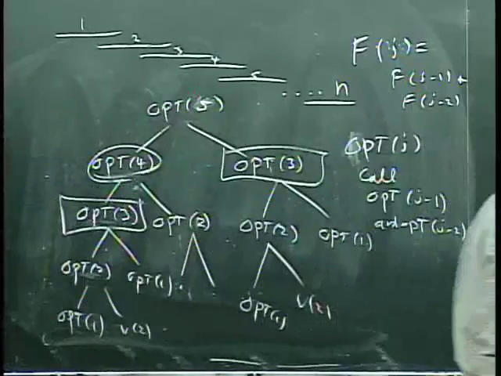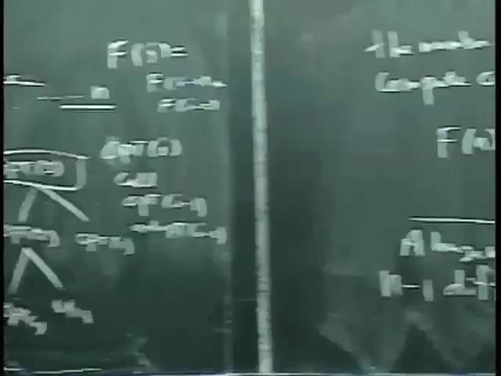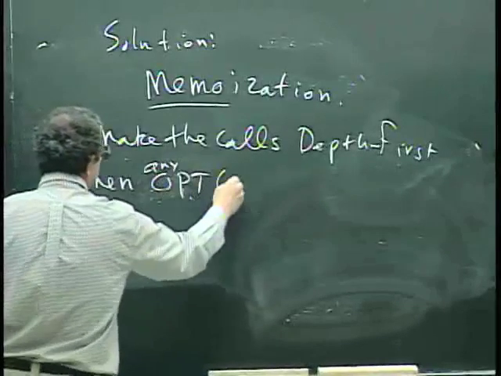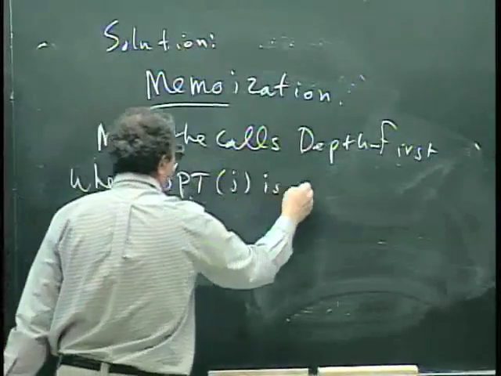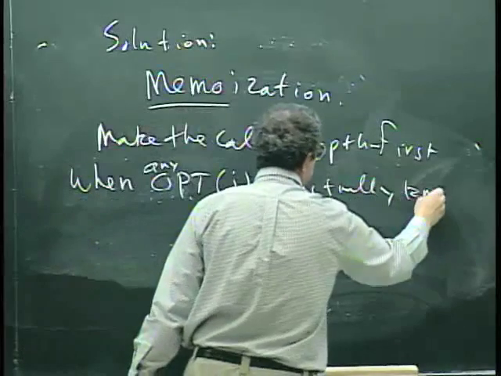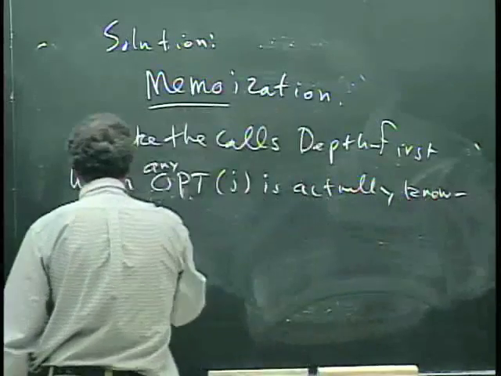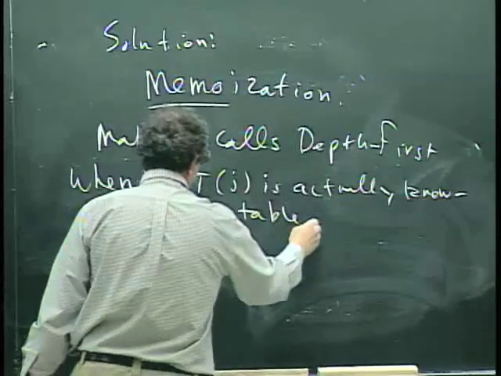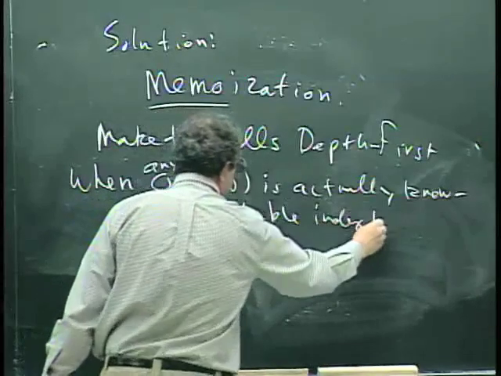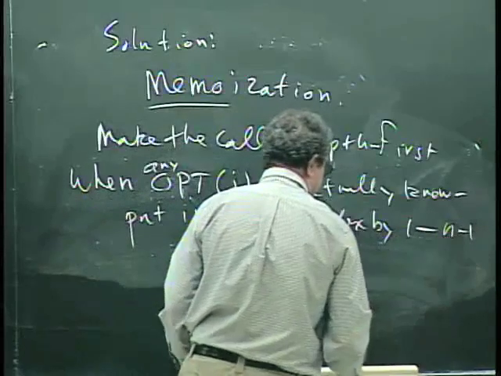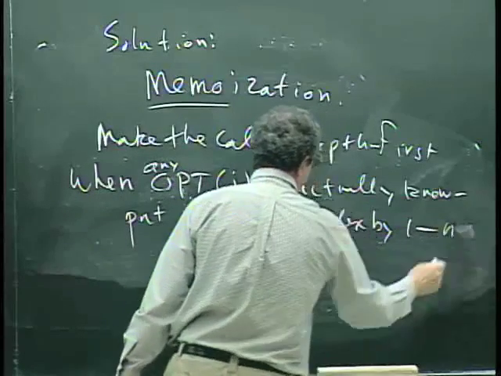Then, when any opt j is actually computed or actually known, put it in a table, in this case indexed by 1 through n minus 1, or 1 through n, whatever.